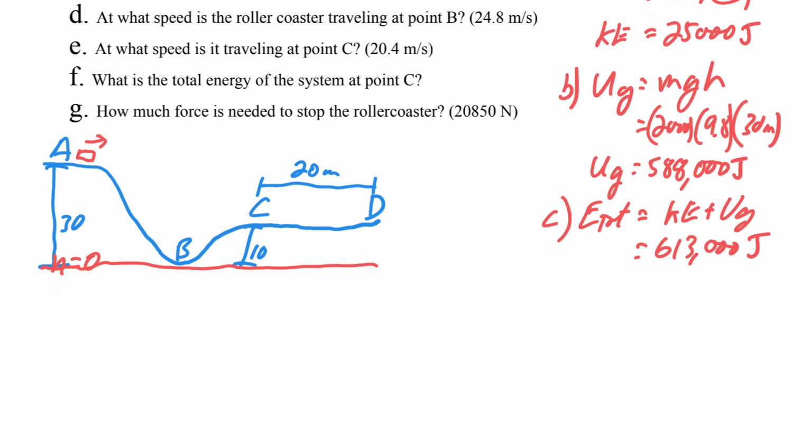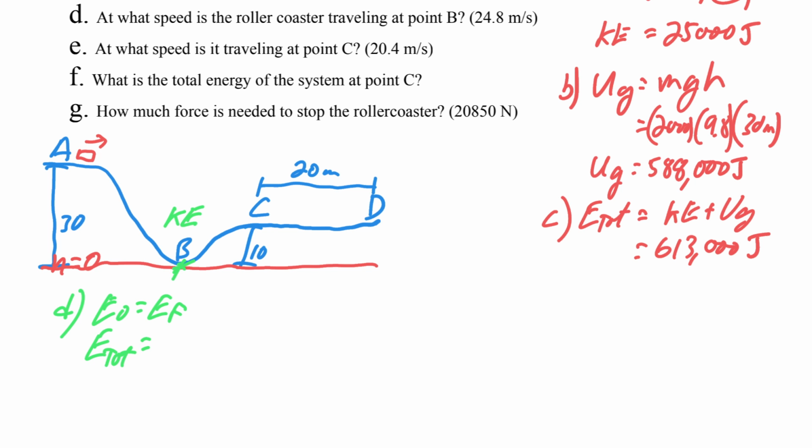So how fast are we moving when we reach point B? Well, at point B, notice that we only have kinetic energy. If we define B again as the h equals 0 point, the lowest point, then that means at point B we have only kinetic energy. So if we're solving for the velocity down at the bottom, we'll use E initial equals E final, and this one, we already know the total energy of this system.